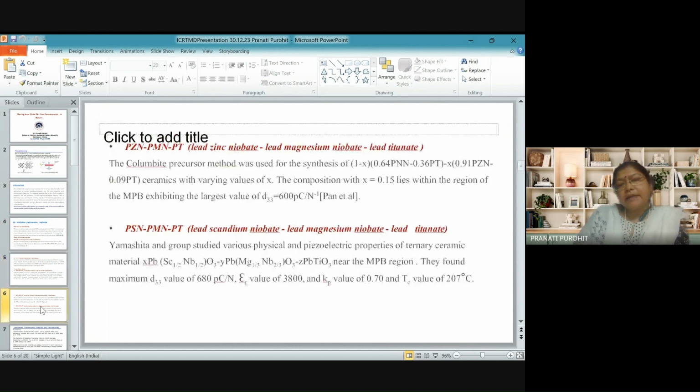The next ternary material is PZN-PMN-PT. PZN stands for lead zinc niobate, PMN is lead magnesium niobate, and the third one, PT, is lead titanate.